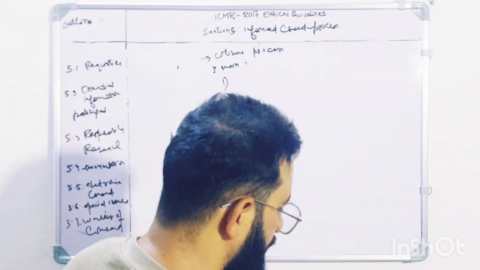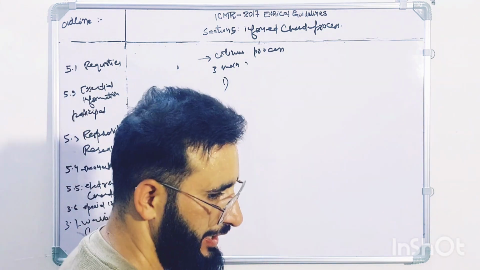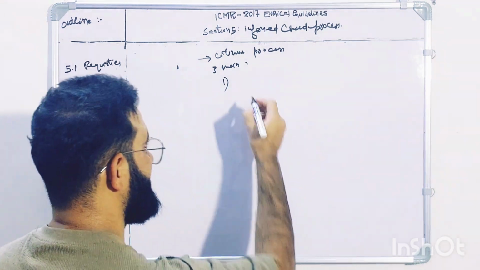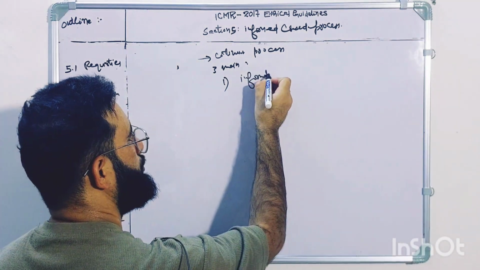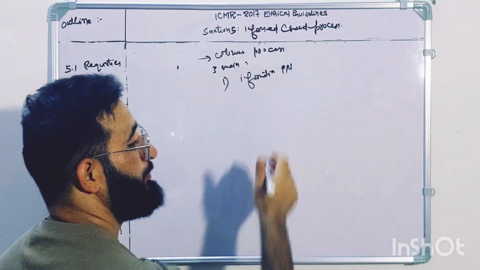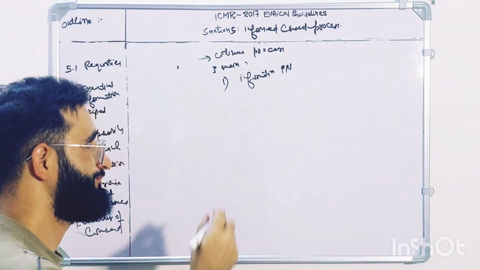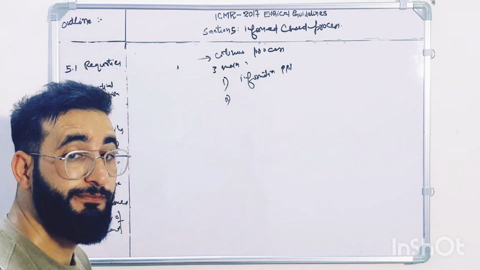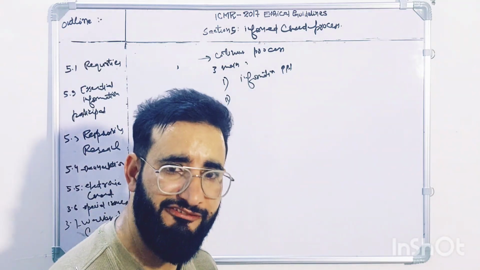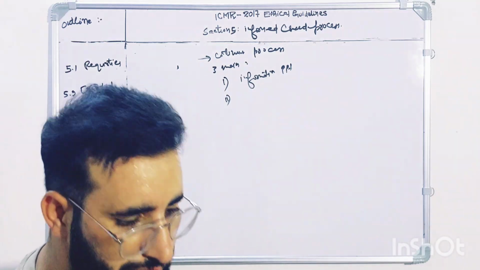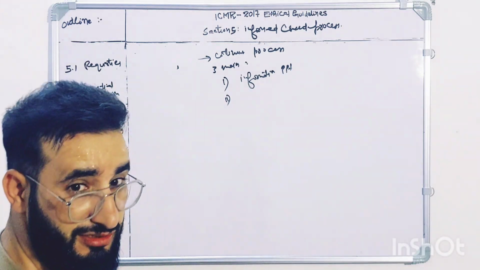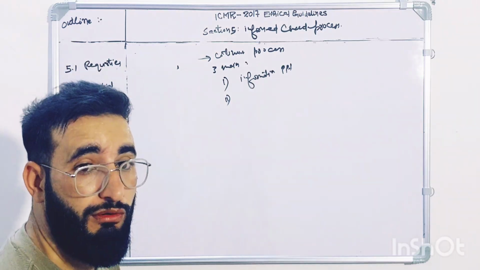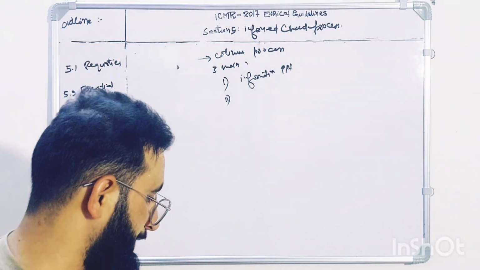The first is providing relevant information to the participant: the purpose of the research, methodology, risks and benefits, everything related to the research. The researcher has to provide all relevant information to the participant.